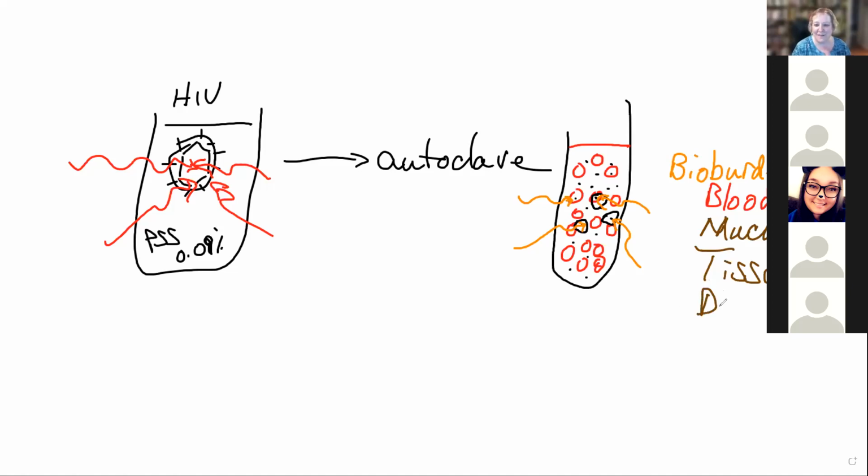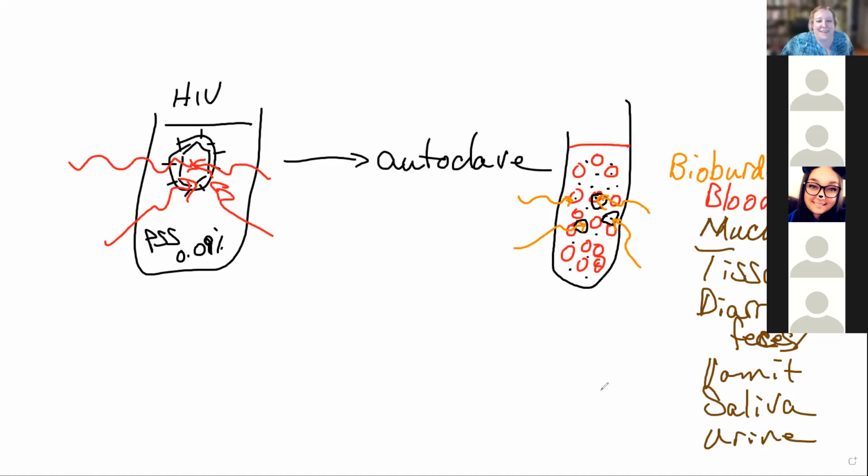Diarrhea, feces of any kind. What about the other end? Vomit. Vomit is definitely considered a bioburden. Also saliva. Urine. Anything that comes out of a body would be considered bioburden.